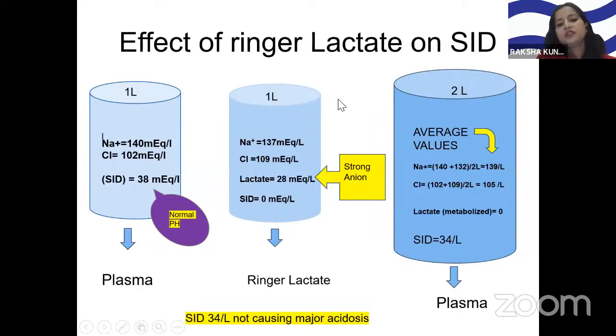Now, when we are giving this in the plasma, the average values become sodium 139, within range, chloride 105, also within range, and lactate is not having any effect because it is getting metabolized in the body. So SID will be 34 per liter, which is not normal, but it is quite close. So it is not causing any major acidosis.